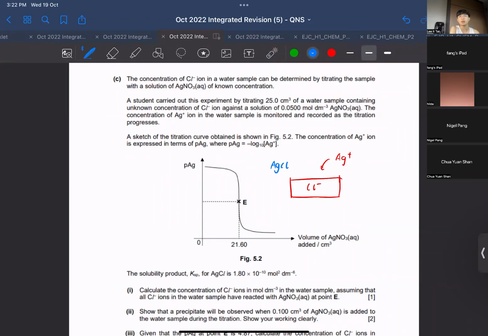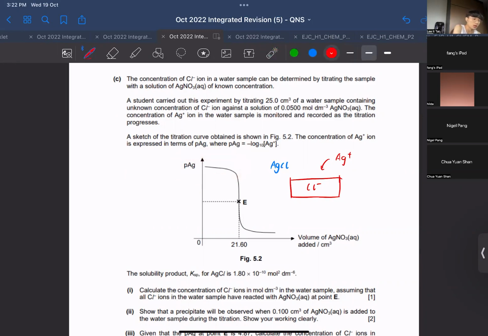Meaning the solution doesn't actually have that much Ag plus ions, because the moment you add Ag plus, it precipitates out with Cl minus. That explains why at the very beginning the pAg is very high.